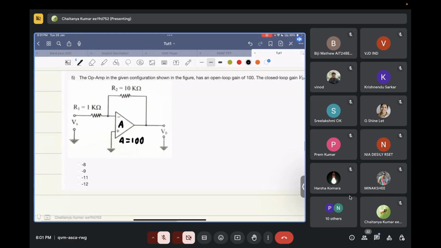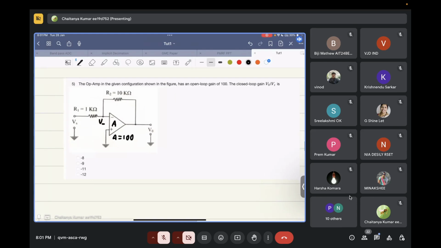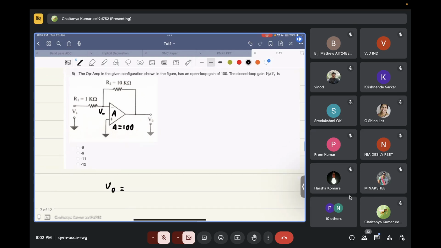In that case, what will happen? Let's call this voltage V minus. So what will be my output voltage? In terms of V minus, what will be my output voltage, guys?